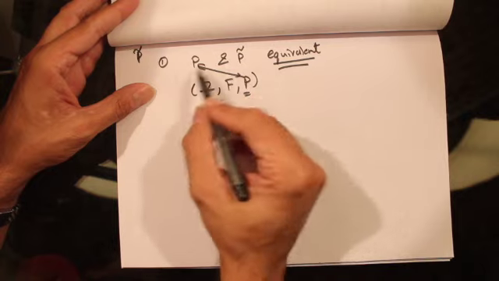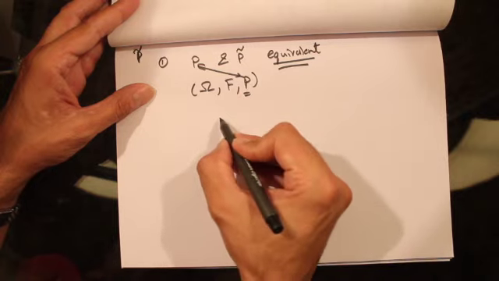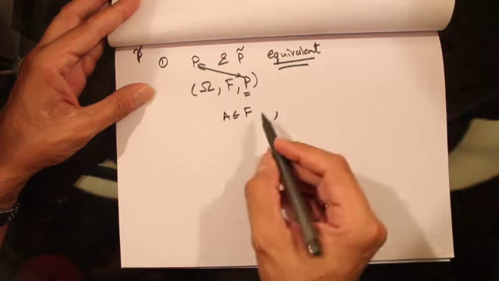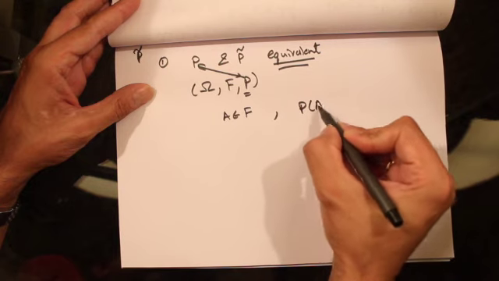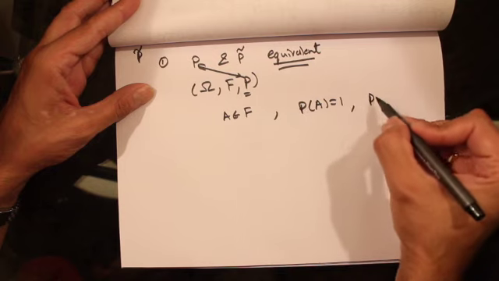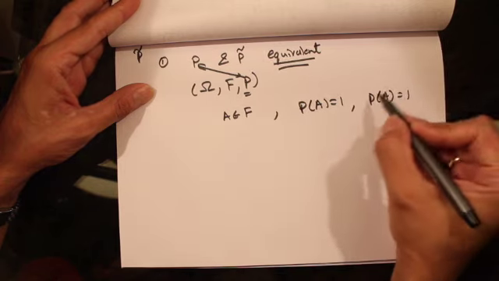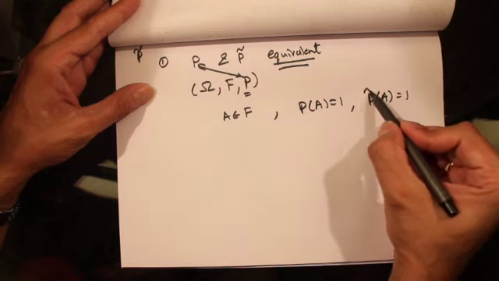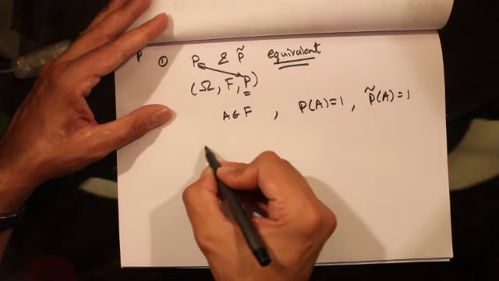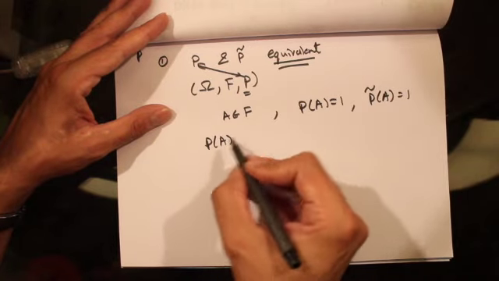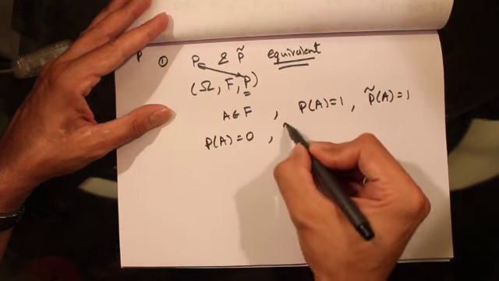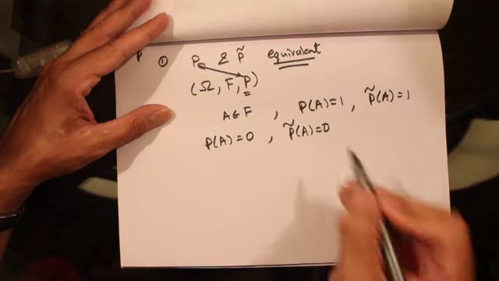So two measures are said to be equivalent if, for all sets A that belong to our sigma algebra, if the probability of A is equal to 1 under the actual probability measure, then the probability of the same set will be 1 under the risk neutral measure as well. Or conversely, if the probability of a set is equal to 0, then the probability under the risk neutral measure of that set is also going to be equal to 0.